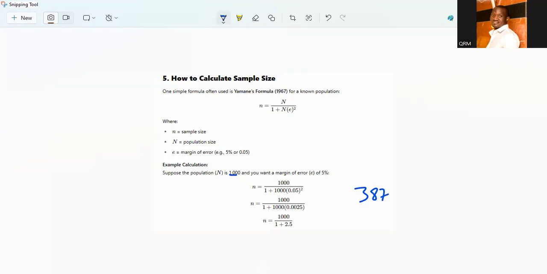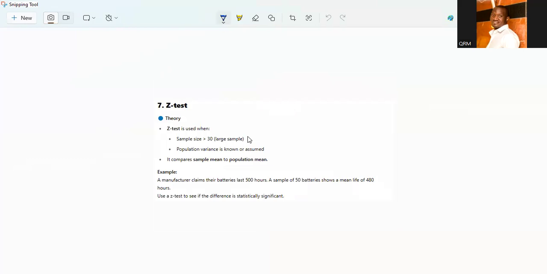All right. So what other issues did we talk about? We talked about issues to do with the z-test. Remember from your quantitative methods, the z-test is one of the tests used when we are calculating samples that are larger than what? 30.